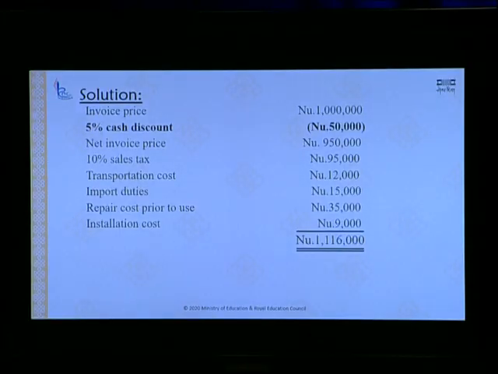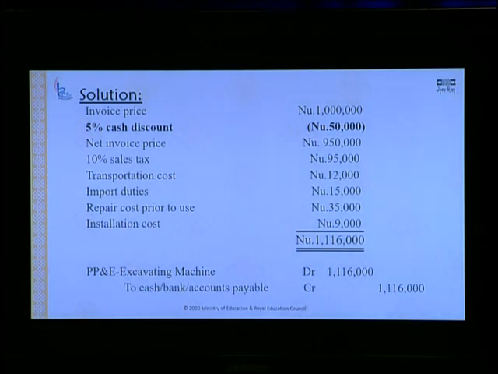Hope you are able to get how we got this. Apart from discount, all other costs should be added. Only discount is subtracted. Now if we pass the journal entry for this treatment, it will be property, plant and equipment, which is the excavating machine we have purchased, debited, to either cash or bank or accounts payable.